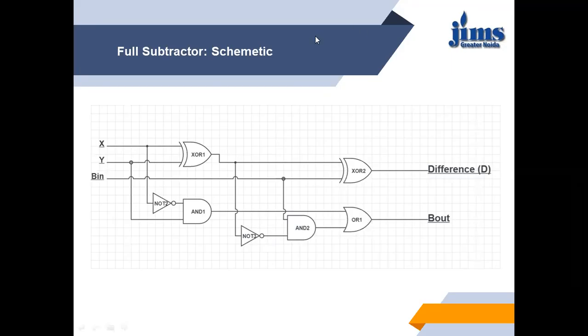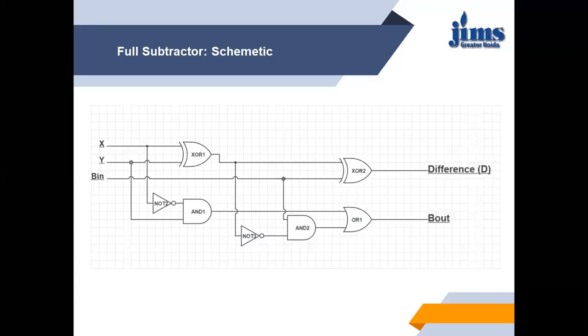Then it must be kept in mind that whenever there will be a question for designing an adder or subtractor, there are 99% chances that you will get a question regarding the adder, because as we have discussed when we were studying two's complement or one's complement, there is no need to design a subtractor, because the subtraction process can be done with the help of the two's and one's complement.